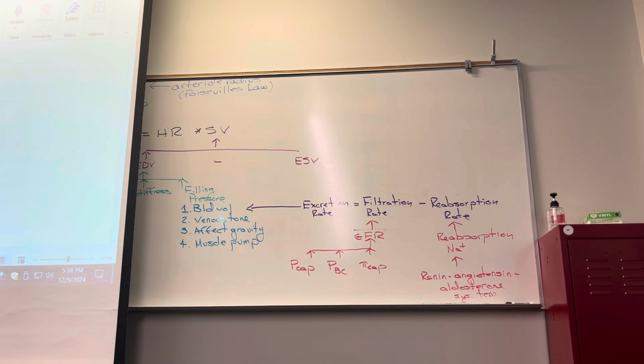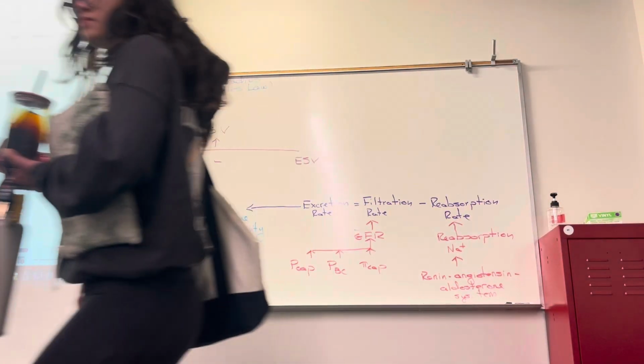So we can use diuretics to bring down blood volume and in effect reduce the filling pressure, reduce EDV, reduce the preload on the heart, reduce stroke volume, reduce cardiac output, and that's going to reduce the mean arterial pressure. And that's how you need to be thinking about this.